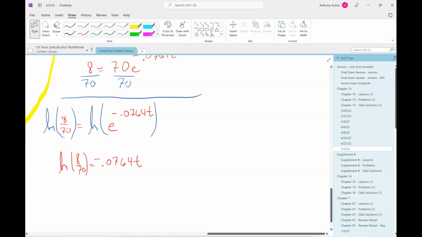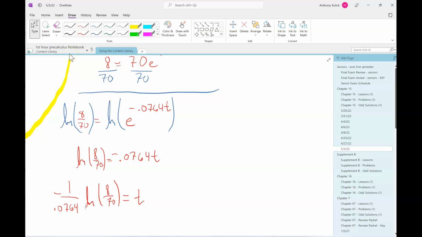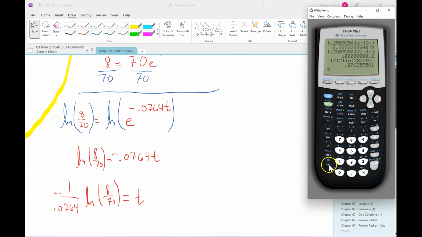And then my last step would be divide out that negative value for k, right? And again, I'm going to just write it as multiplying by a reciprocal just so it's super clear when you go back and look at your work where that number belongs, that it's outside the logarithm.